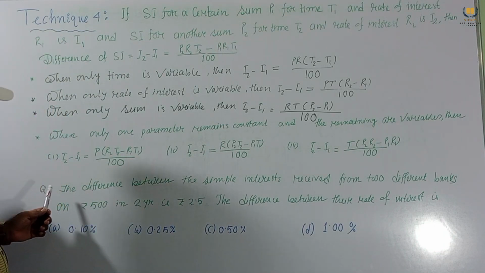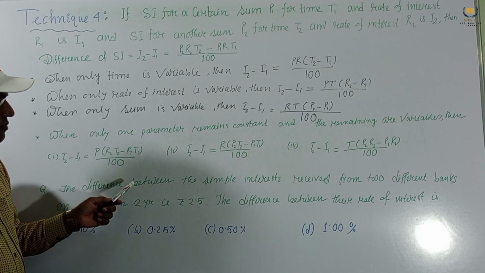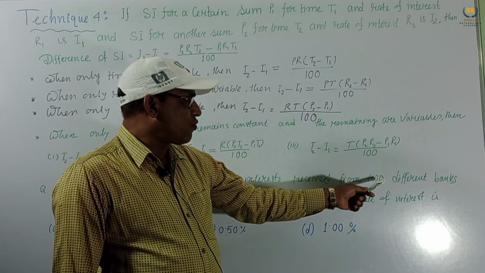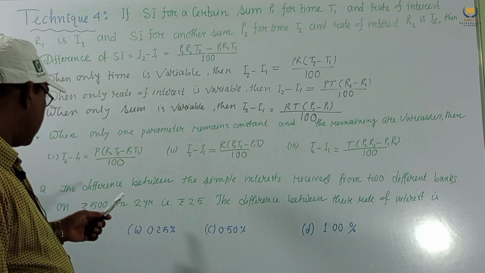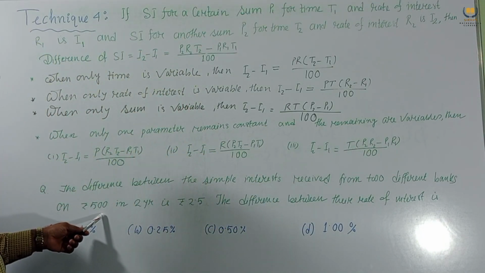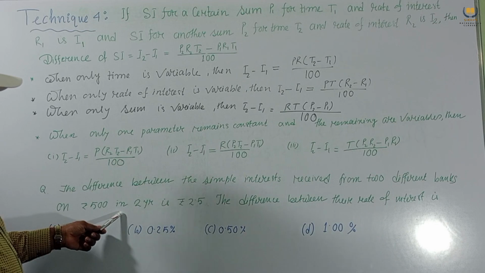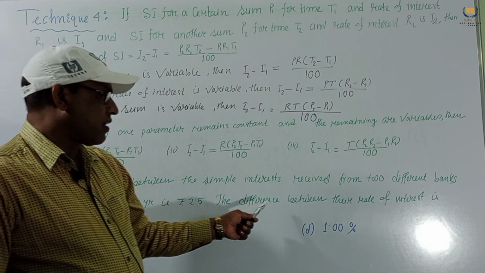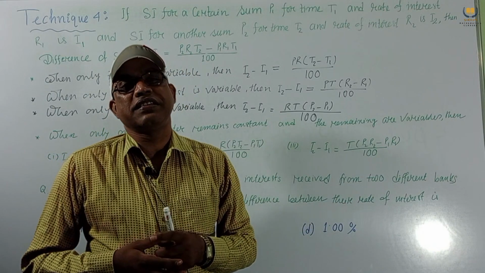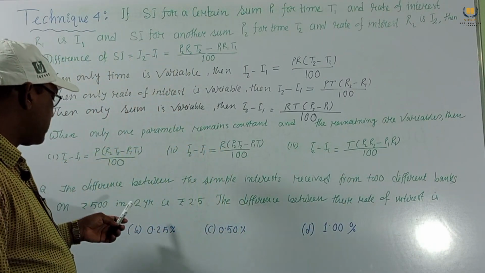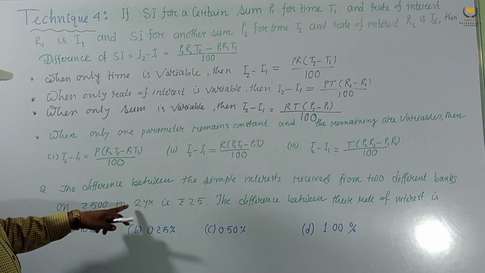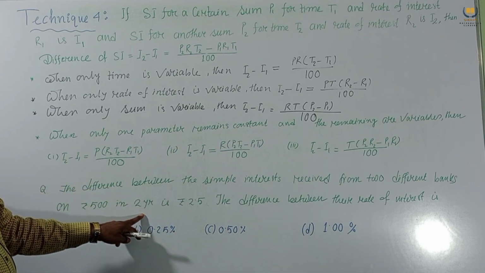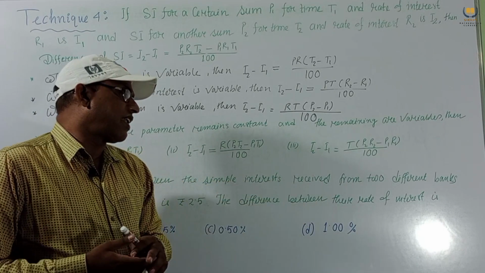The problem is that the difference between the simple interest received from two different banks on rupees 500 in 2 years is rupees 2.5. The difference between their rates of interest is? So the difference between simple interest is given, the sum is given, the time is given, and we find the difference between their rates of interest.